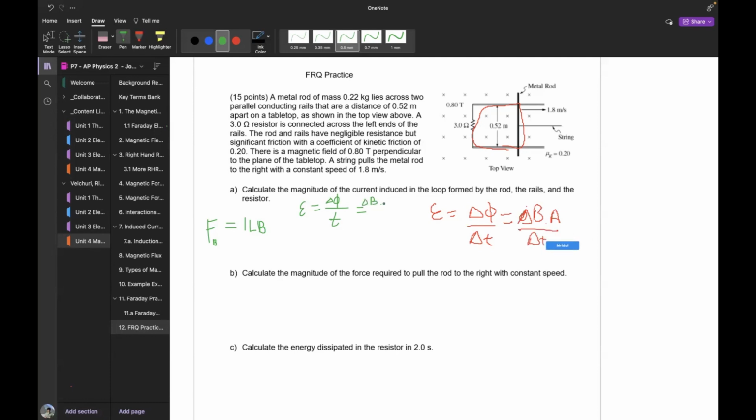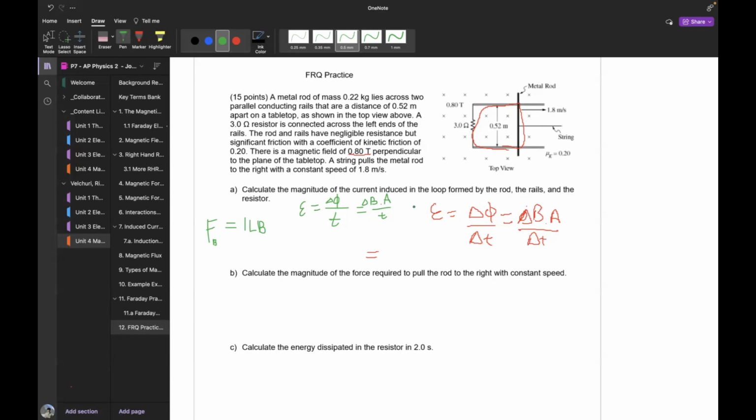So how is it? B is constant. B is this 0.8, and area will change because area is increasing with the rate of the velocity.